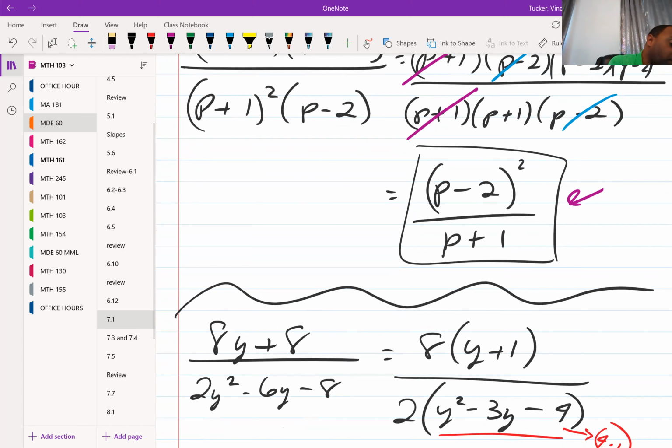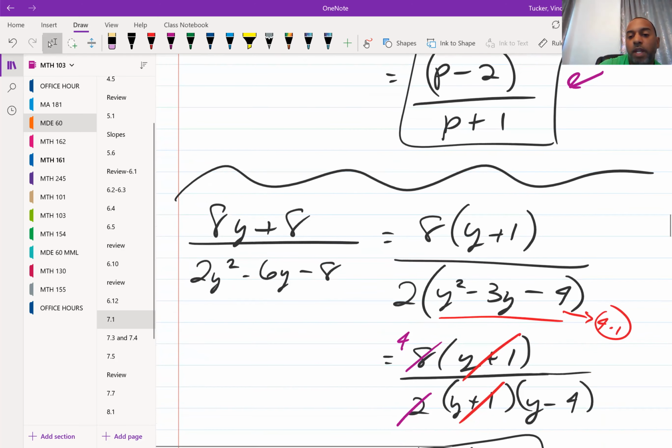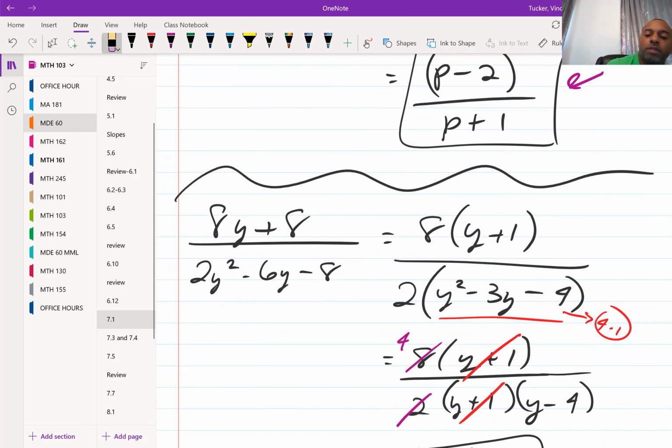I factored out 8 from the numerator and 2 from the denominator. That's 8 times y plus 1, and then 2 times y squared minus 3y minus 4.